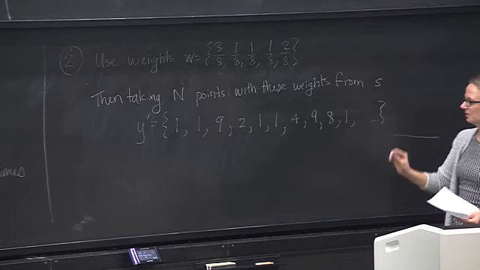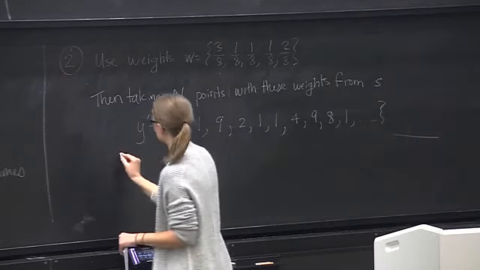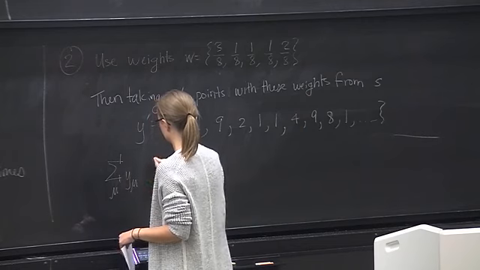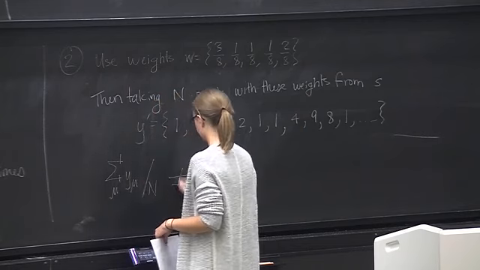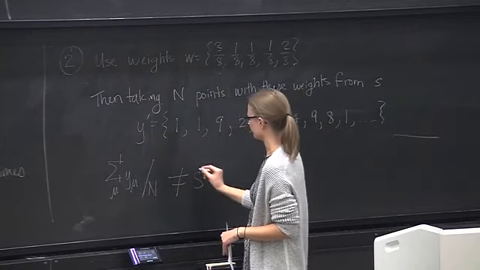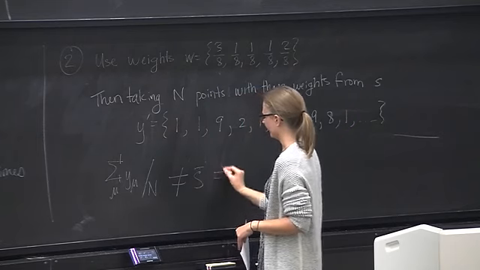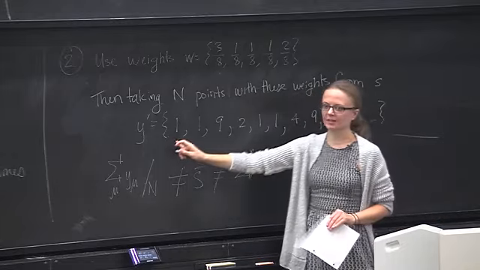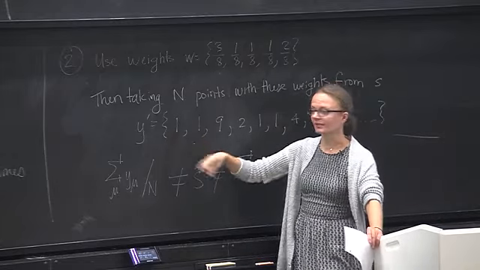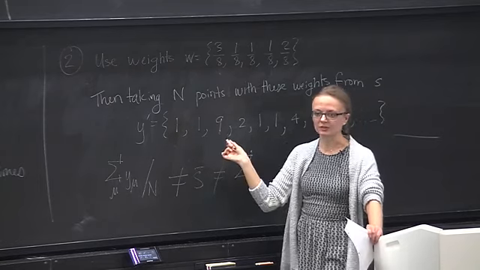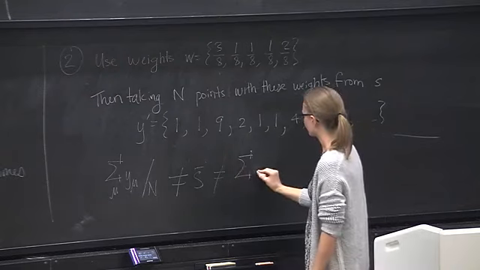If I just sum these samples, this is not equal to S bar. And if I were to multiply by these weights, I would be making it worse. I would be biasing even more towards the 1, even though I've already selected it more times. So this is also not going to work.